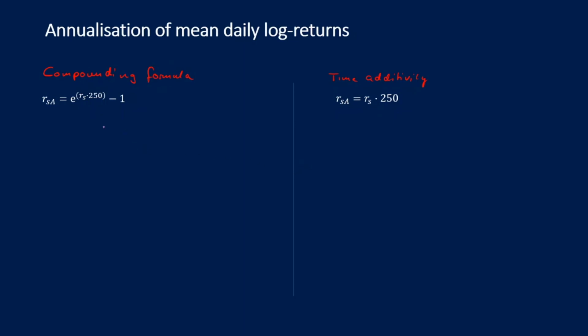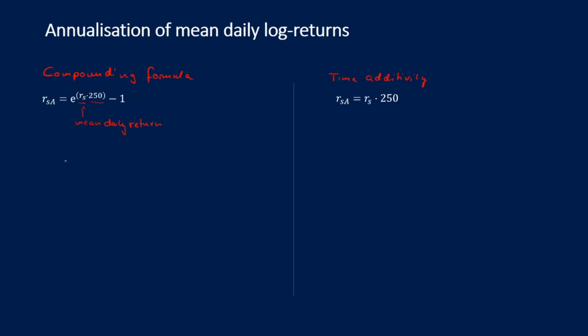So this is the compounding formula for continuous returns. So if r_s is meant to be continuous, so this is the mean return here, the mean daily return. So this one would be compounding for 250 days, and we get the annualized return then.